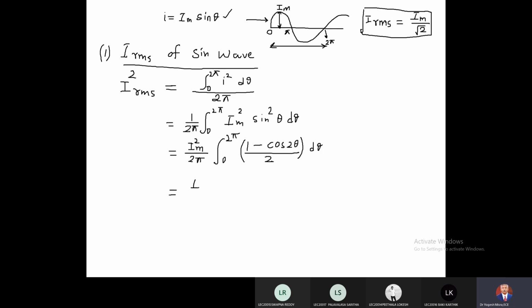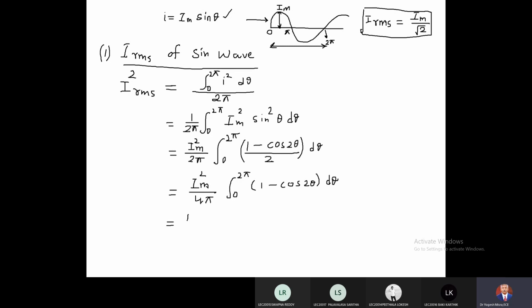I will get Im square by 4 pi, integral from 0 to 2 pi of (1 minus cos 2 theta) d theta, right?